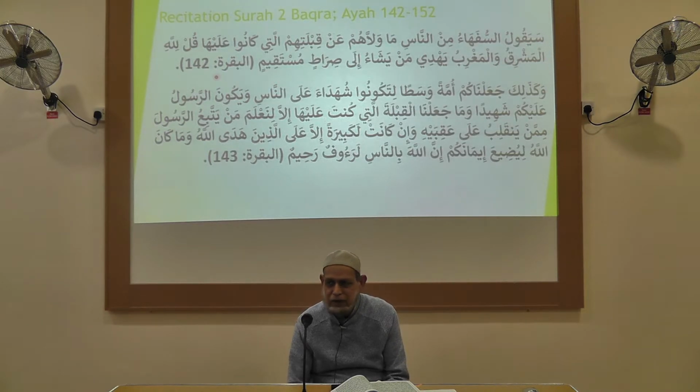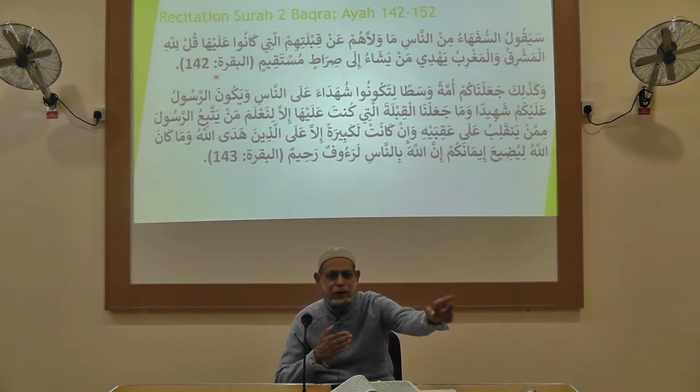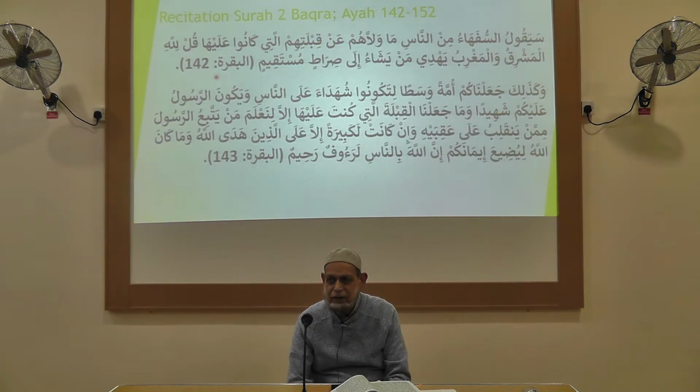When Rasul sallallahu alaihi wasallam came, he was in Mecca. So he was praying facing towards the Kaaba, but in a way that if you make a line, that line goes through the Kaaba to Baitul Maqdis, facing north, because Baitul Maqdis is on the north.